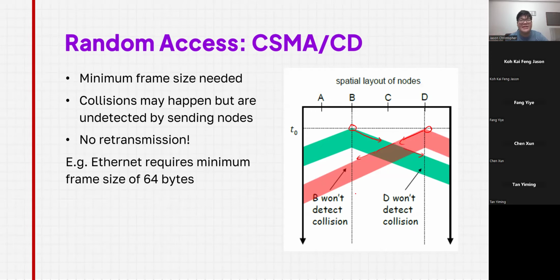If you're no longer transmitting, then you will not be able to detect collision. That's why we have to set some kind of a minimum frame size to counter the case of propagation delay. So we want the minimum frame size to be at least the propagation delay. In Ethernet, the minimum frame size is going to be 64 bytes.